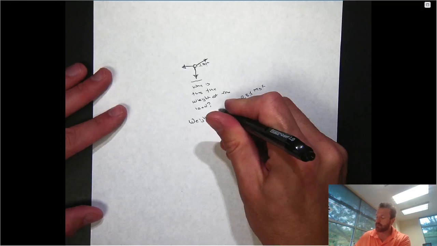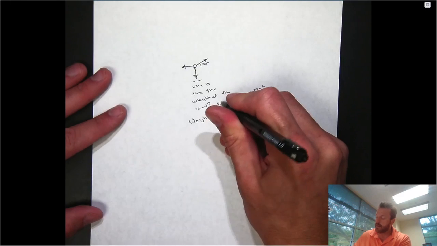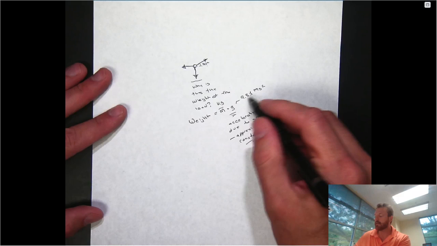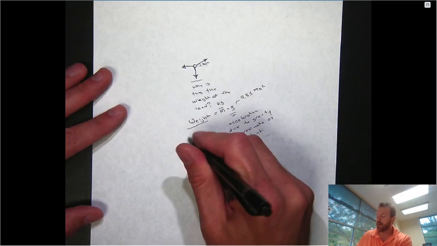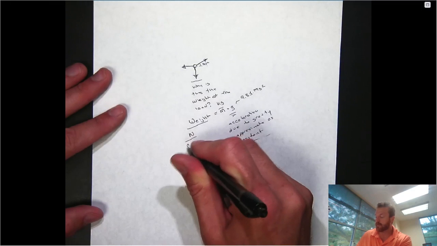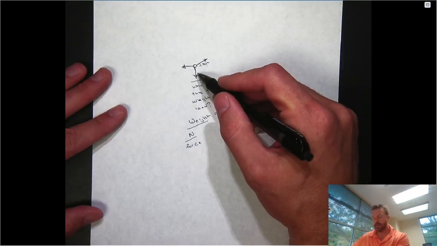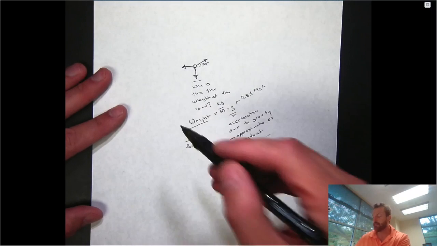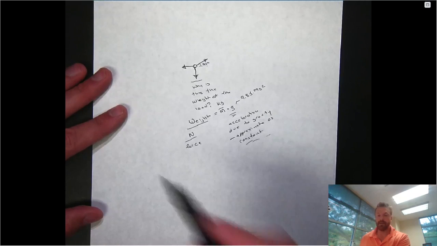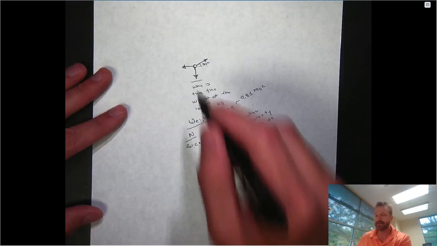And recall back to the chapter 1 content. If you have a mass in kilograms and you multiply by an acceleration in meters per second squared, you'll get a weight in newtons. So this is basically the force that's exerted on any particle of a known mass by the Earth due to gravitational attraction. But the question is, why is that the weight?